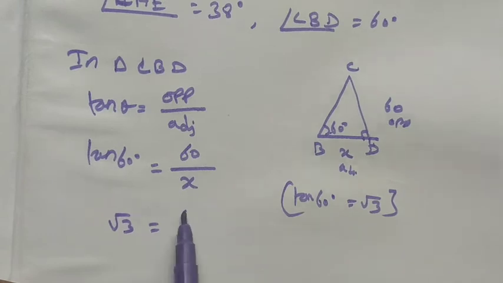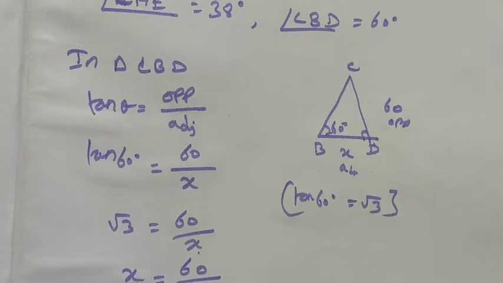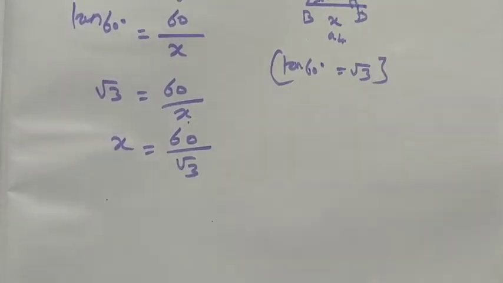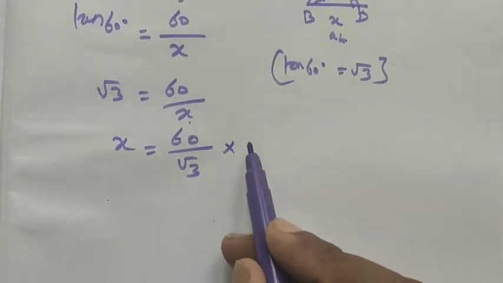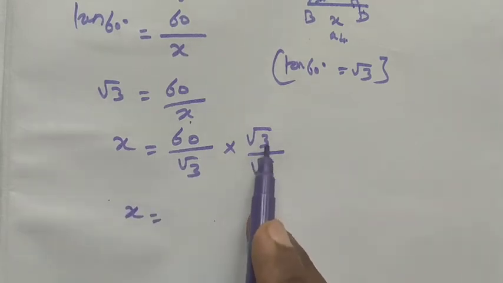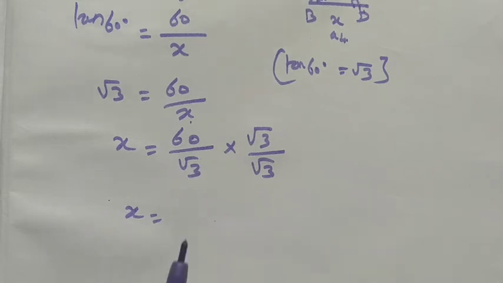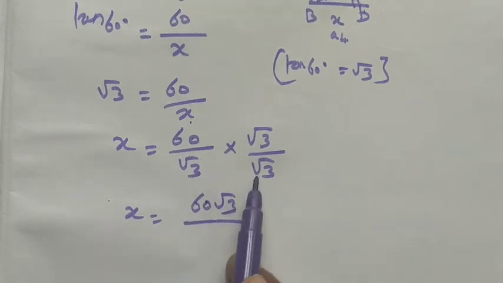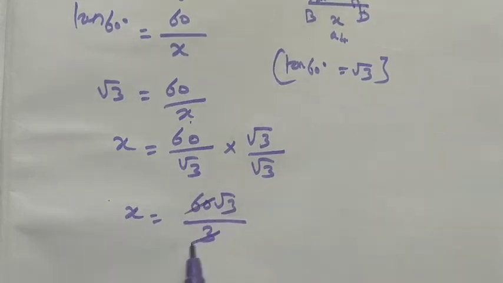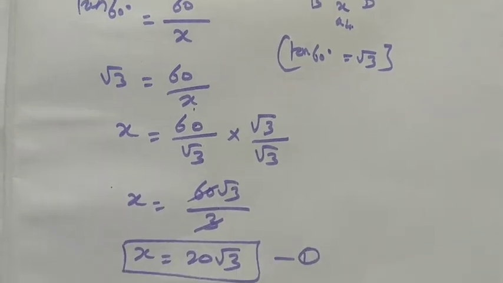So root 3 is equal to 60 divided by X. Taking X to one side and root 3 to the other, X is equal to 60 divided by root 3. Multiplying and dividing by root 3, there is no change in the value. So 60 root 3 divided by root 3 into root 3, which is 3, we get X is equal to 20 root 3. Let me take it as equation number 1.